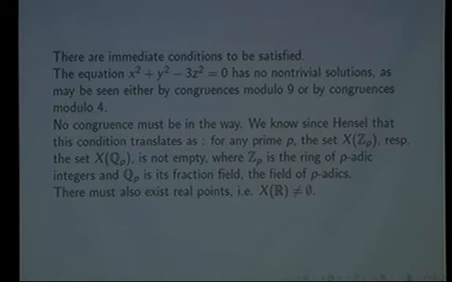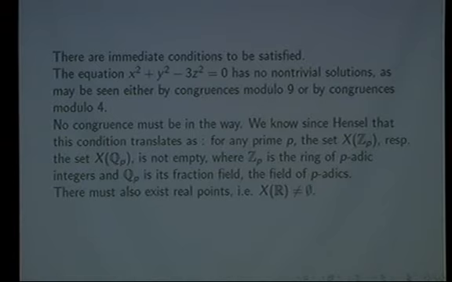So instead of looking modulo p, p squared, p cubed, p to the n, you create some field, Qp, which has a ring of integers Zp, and you ask for the set of solutions in Zp, or the set of solutions in Qp. So this basic notion of Qp, in the same way as the reals are the completion of Q with respect to the absolute value, the p-adics are the completion of Q with respect to a p-adic absolute value.